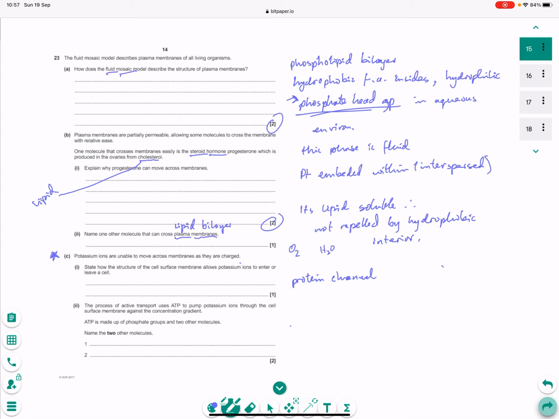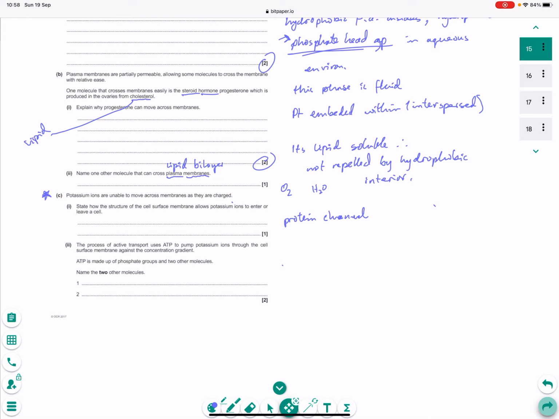C2, the process of active transport uses ATP to pump potassium ions through the cell surface membrane against the concentration gradient. ATP is made up of phosphate groups and two other molecules. So it's when they kind of mix up the question a bit, they do this. ATP.